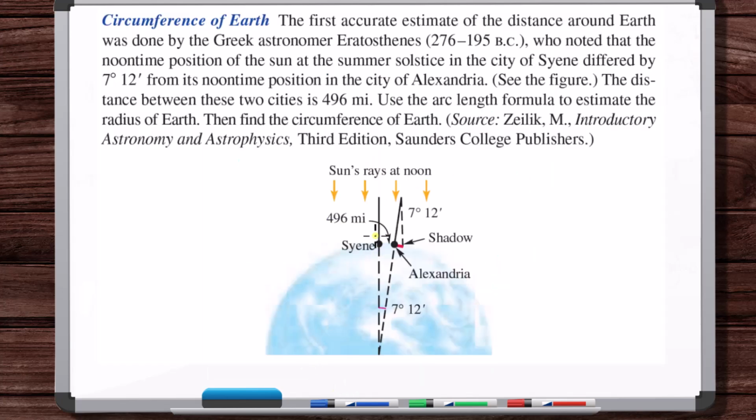They represent it with Syene straight up and down, almost like it's at the North Pole or something. I guess you could still do that, but you can see the difference in angle between the two: the angle of the sun measured in Syene at the summer solstice compared to the angle of the sun measured in Alexandria, the difference is 7 degrees 12 minutes.